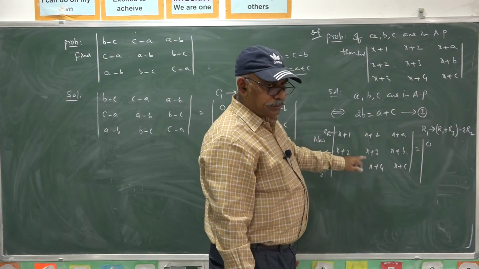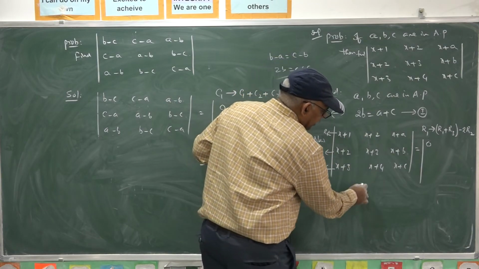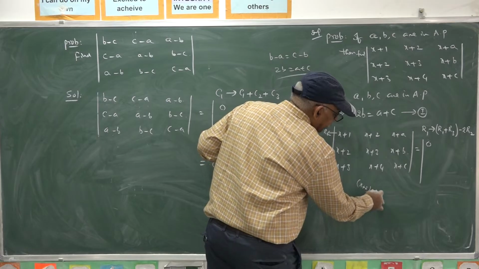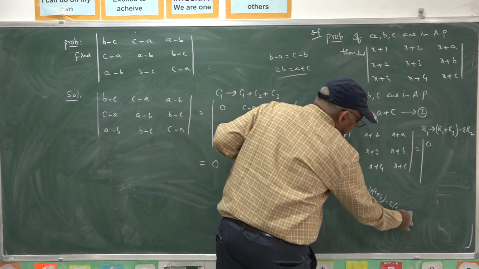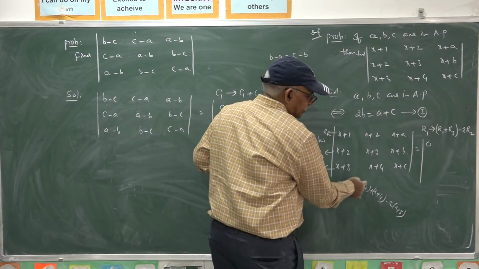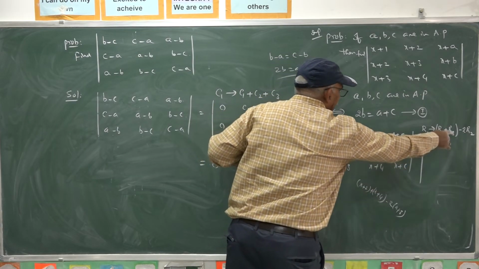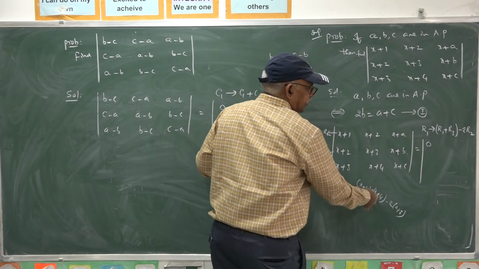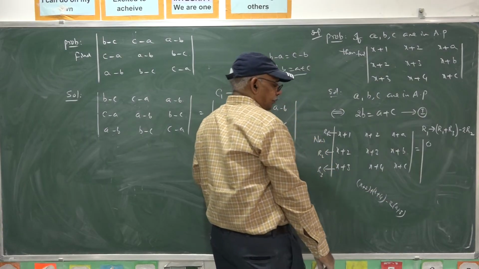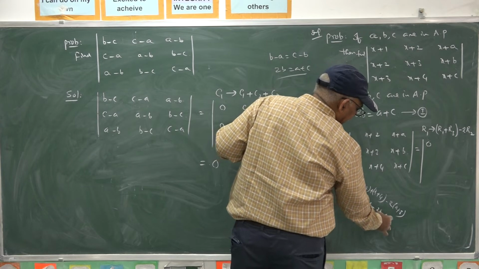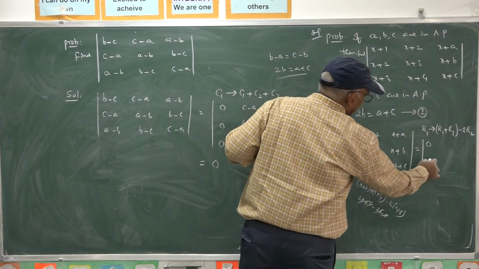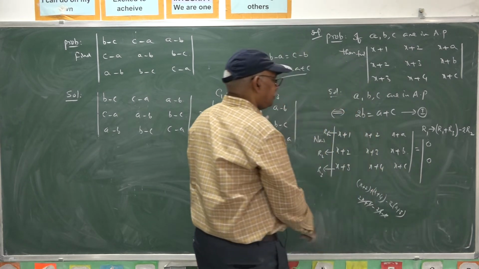Similarly, adding x plus 2 plus x plus 4 minus 2 into x plus 3 gives 2x plus 6 minus 2x minus 6. Hence, we get 0 here.